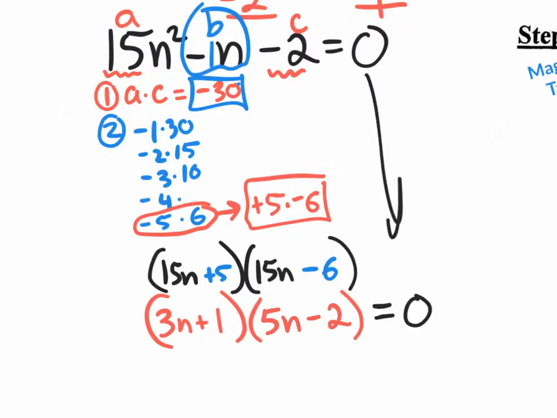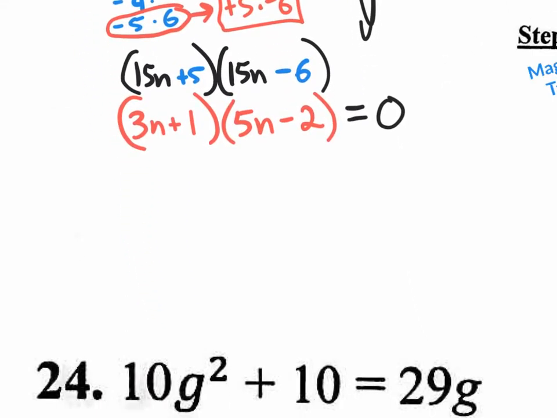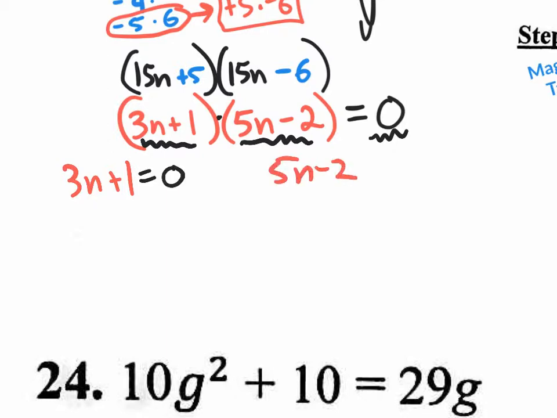Now that I've factored, I want to split and solve. If I have something times something and it equals 0, that means the first something, 3n plus 1, could equal 0. Or the second something, 5n minus 2, could also equal 0. So when I solve it, I'm going to have 3n equals -1.